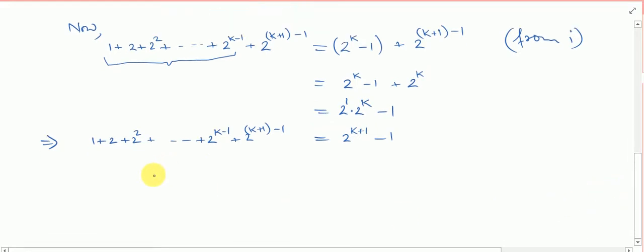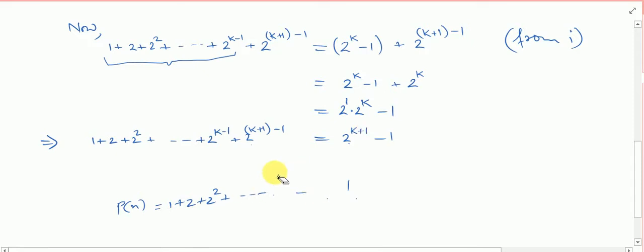So here you observe one thing, that your Pn was like this: 1 plus 2 square plus dash dash dash plus 2 to the power n minus 1 is equal to 2 to the power n minus 1. Yes, this was your statement. So here you can observe that 2 to the power n, whatever was here, same thing over here, to the power minus 1. So here you are getting 2 to the power k plus 1 minus 1.